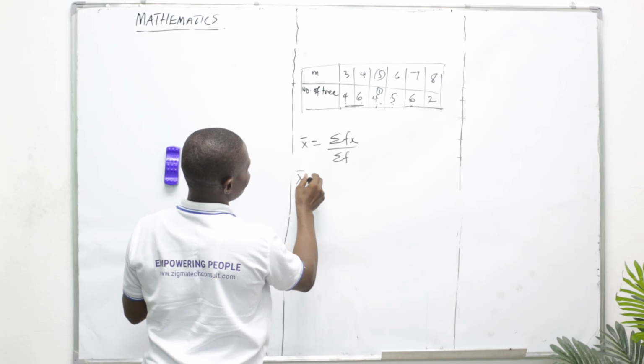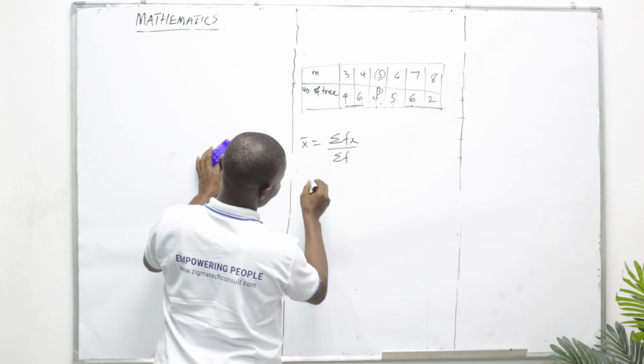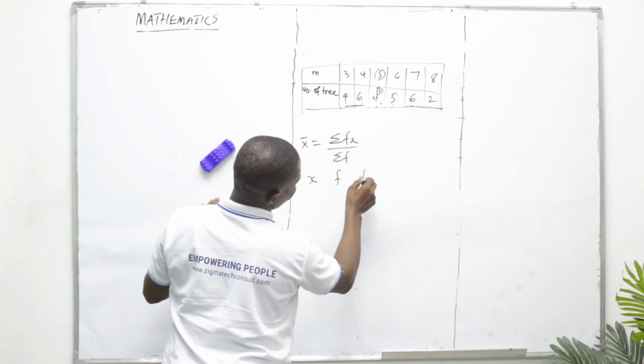So we're going to write this: we have x, we have f, we have fx.